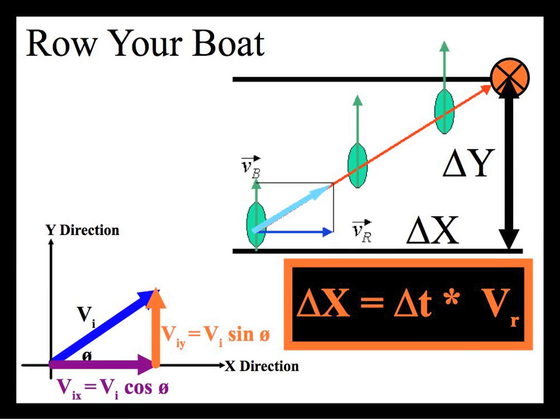That would mean we could also figure delta x, or how far downriver we had drifted with the current, by taking that amount of time, delta t, and multiplying it by the velocity of the river. So, as the diagram shows, not only would we cross the river, but we would also go a certain displacement, delta x, down the river.